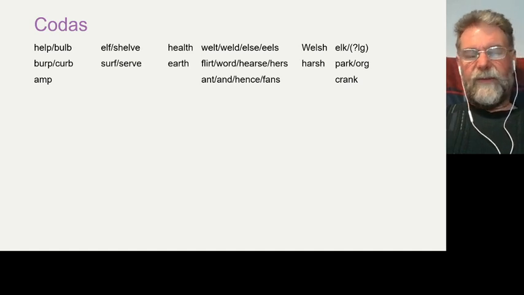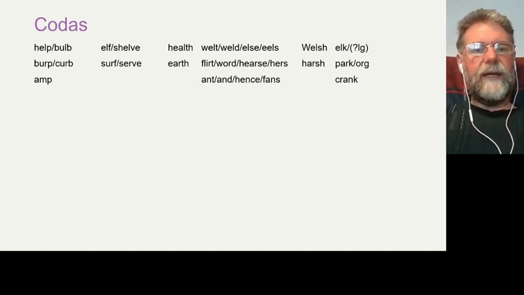And you can get a velar nasal in front of a velar plosive, k, as in crank. Okay. There are other restrictions to be seen there, but we won't go into them.